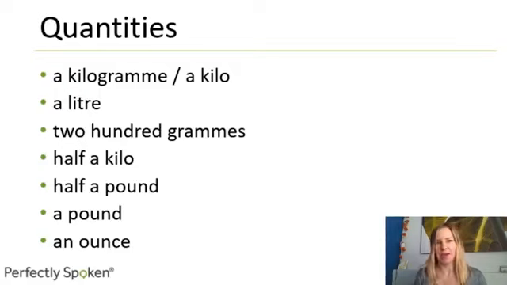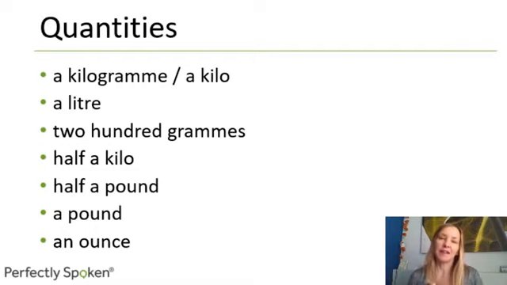So for example, in Europe, we use a kilogram or a kilo and a litre. And obviously, kilos are made up of grams. For example, 200 grams, 300 grams, 500 grams is half a kilo. Notice pronunciation, half a kilo.